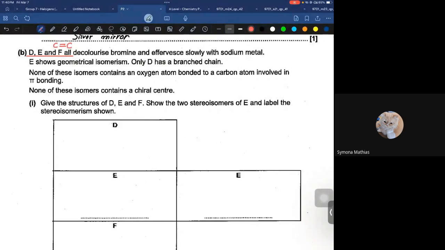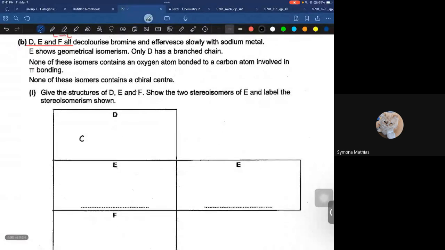According to the given statement, I'm supposed to draw the structure of D. They are saying it has a branched chain, and it is supposed to contain an alkene group and also the OH group and one branch. So we have only four carbon atoms. What I would be doing is making the chain of three carbon atoms, because I have to make the branch as well.